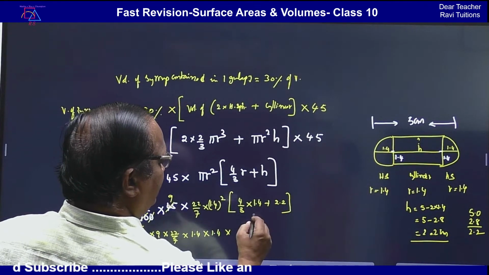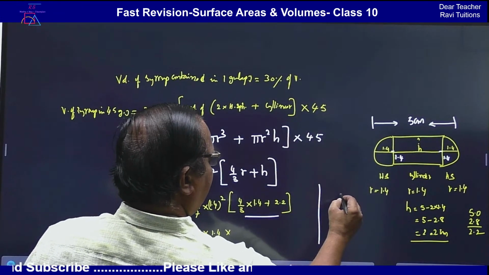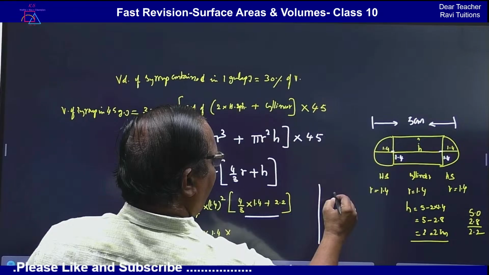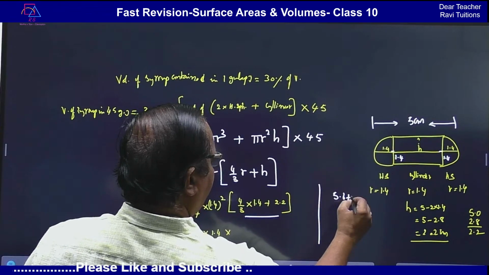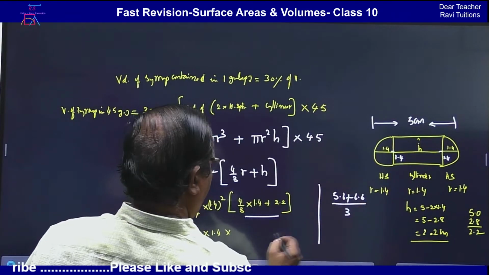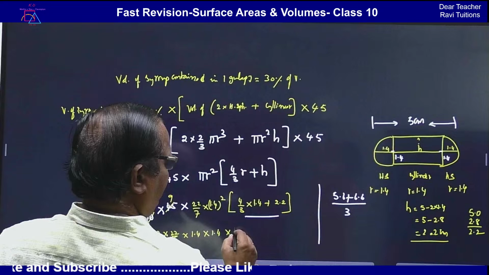So I will do this entire thing here. Okay, 4 4s are 5.4, 14s are 5.6, plus 6.6 by 3, which is equal to 12.6 by 3.